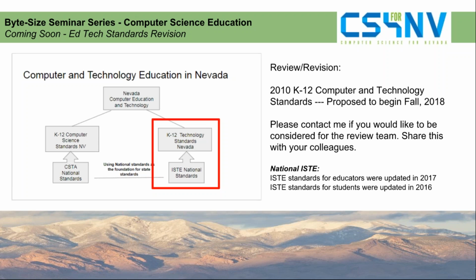We got approval to start revising those standards, so we'll start that process very shortly. So if you would like to be part of that team, please let us know. Share that with your colleagues so that we can get that as robust as we can. And again, fiscal year 19 funding allocations can be used for travel or whatever you need for this, because it's considered professional development.